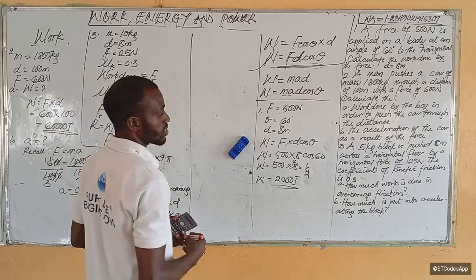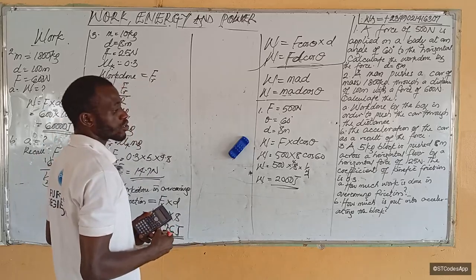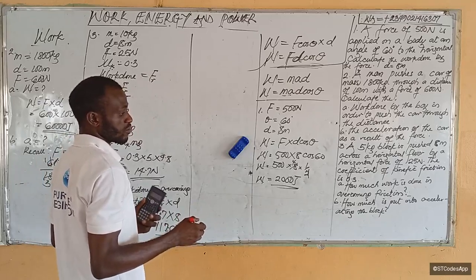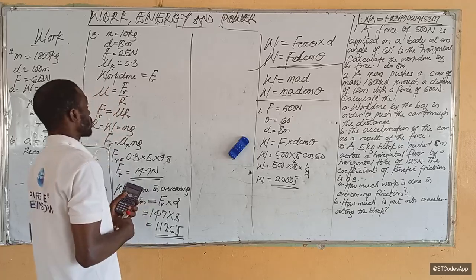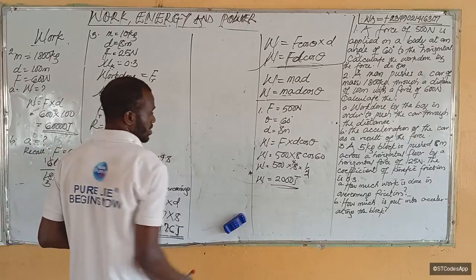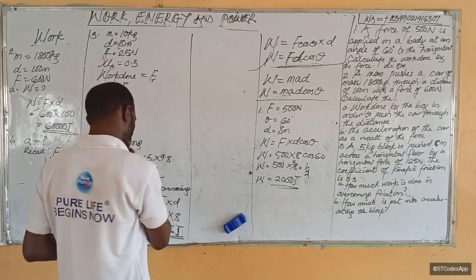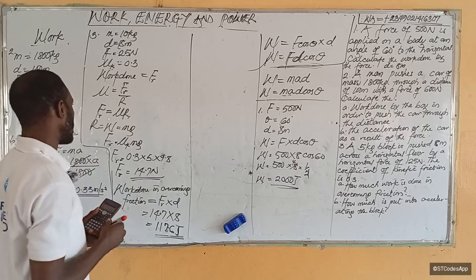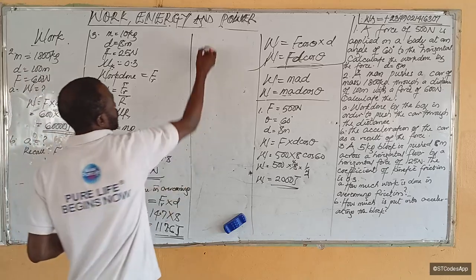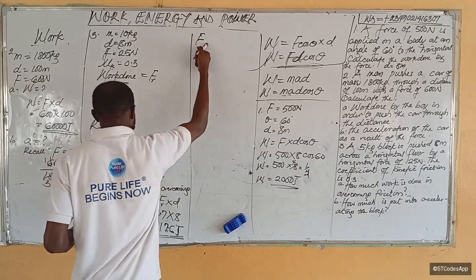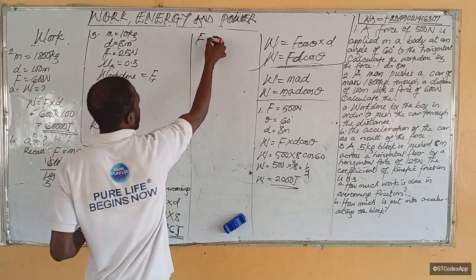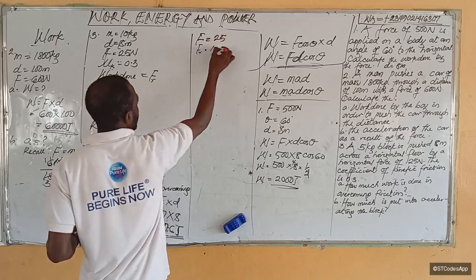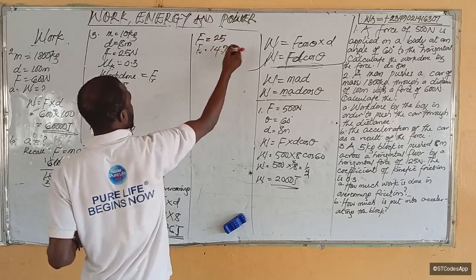Then the second one now says, how much work is put into the acceleration of the body. The first thing you have to know is that if 25 Newton of force is applied, then force applied is 25 Newton. Then the frictional force is 14.7 Newton.